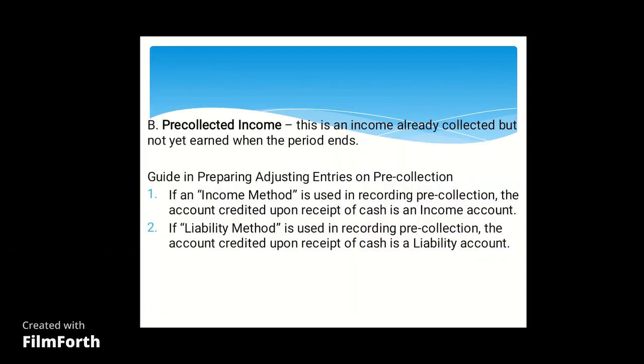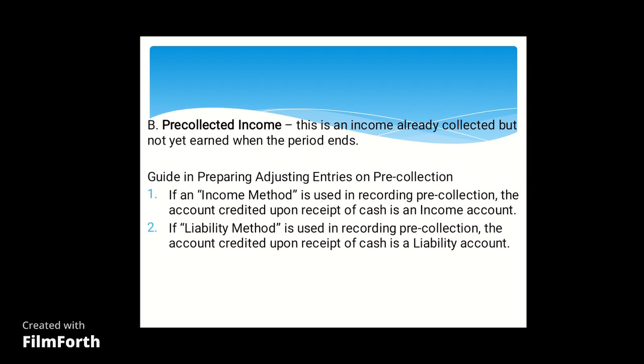So, pre-collected income. Pre-collected income is an income already collected but not yet earned when the period ends. This is the opposite of accrued income. There are two methods of recording pre-collected income.